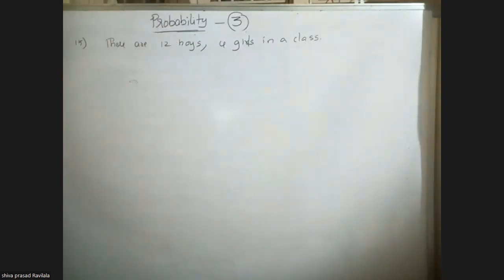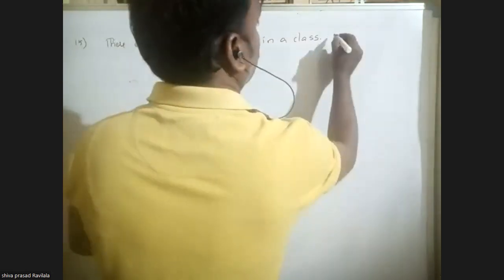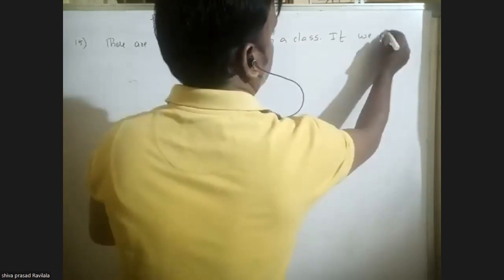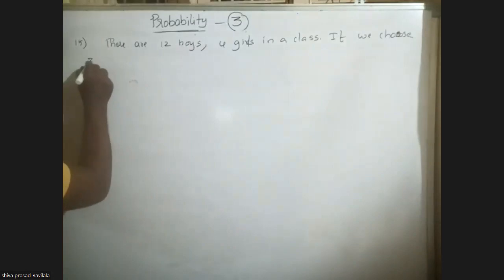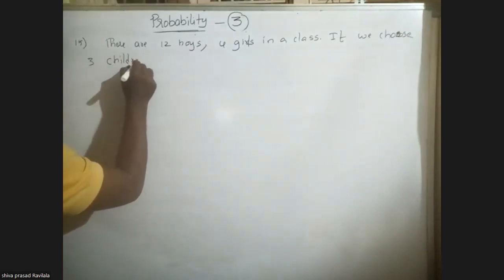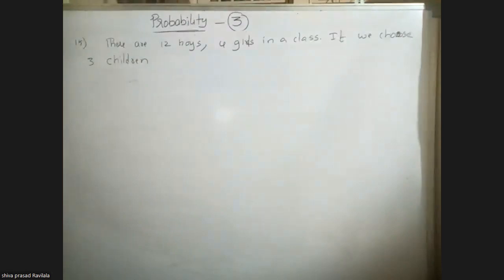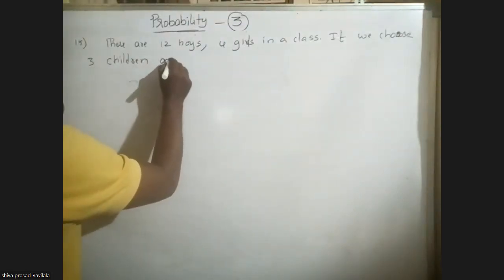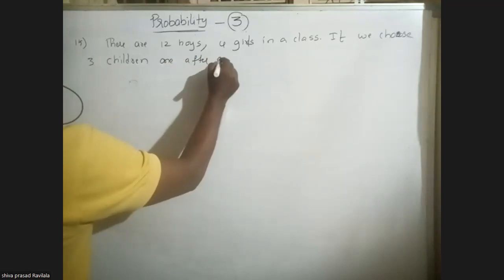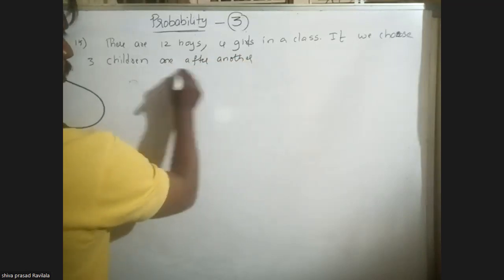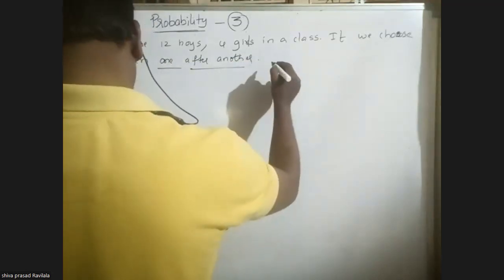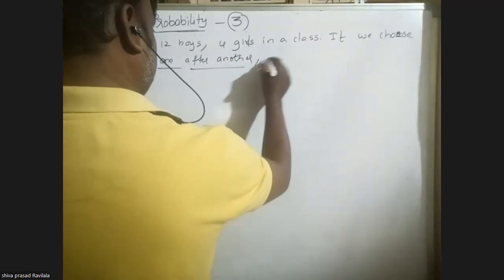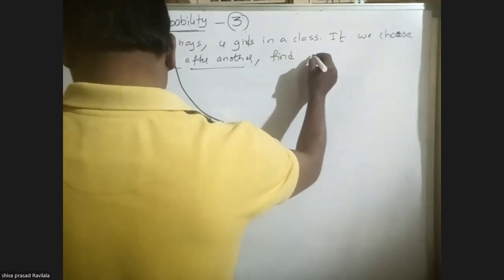Next, if we choose 3 children, I am going to select 3 children one after another. Condition important: one after another. You understand this word? One after another in succession, randomly, of course. Succession means one after the other, already given. No problem. Find the probability.